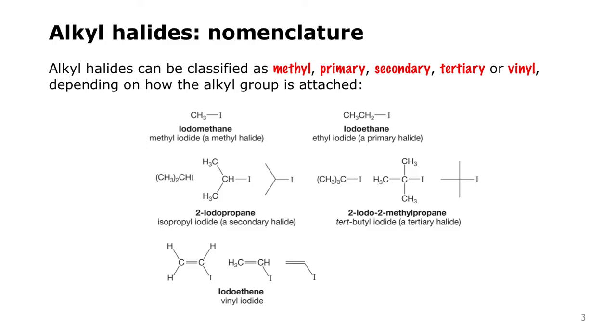So some simple examples here are if the halogen is attached to a methyl group, it is classified as a methyl halide. If the halogen is attached to a primary carbon, meaning a carbon attached to one other carbon, then that's correspondingly a primary halide. If the carbon bearing the halogen is a secondary carbon, it's secondary. If it's a tertiary carbon, it's tertiary, and so on. And then if the halogen is attached to a double bond of some sort, these are classified as vinyl halides.